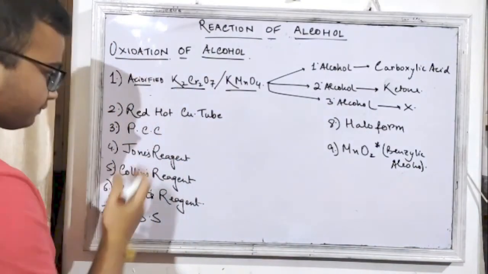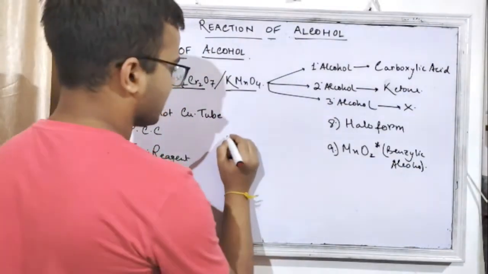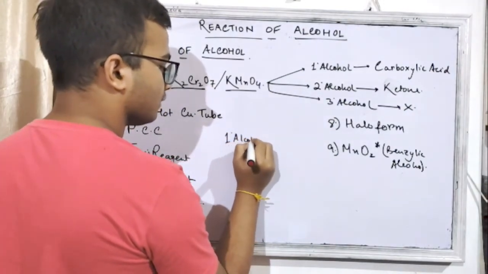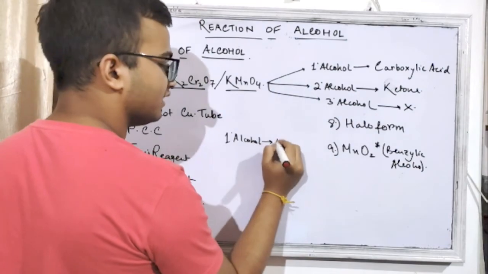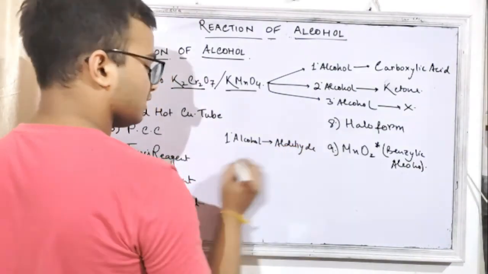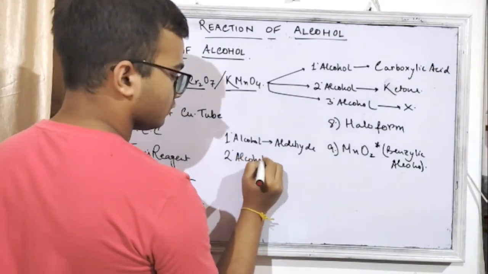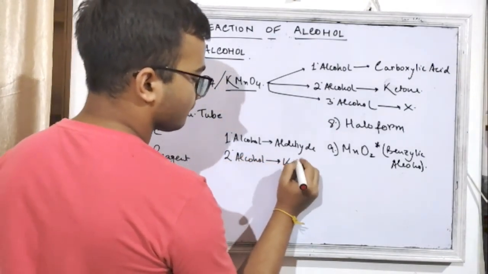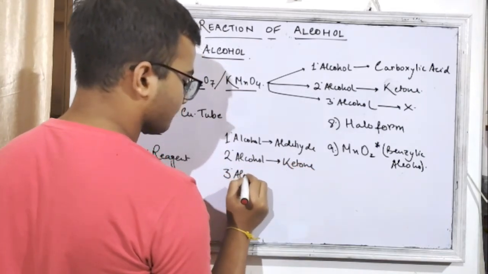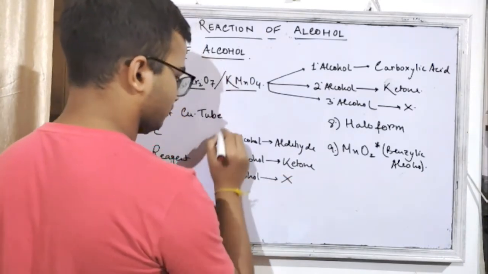So from 2 to this number 9, if the alcohol is 1 degree alcohol, then it will give aldehyde. If this is 2 degree alcohol, then it will give ketone, and if it is 3 degree alcohol, then as usual it will have no effect.